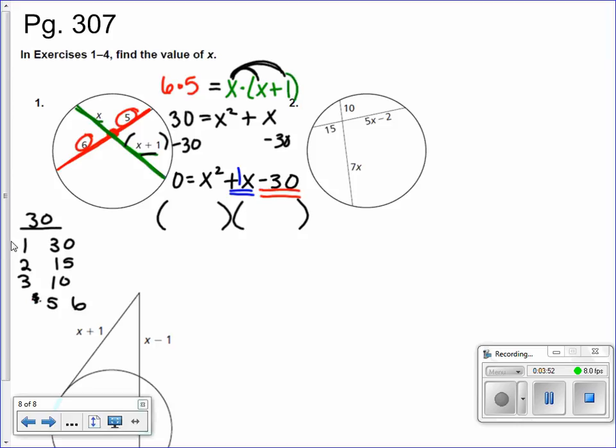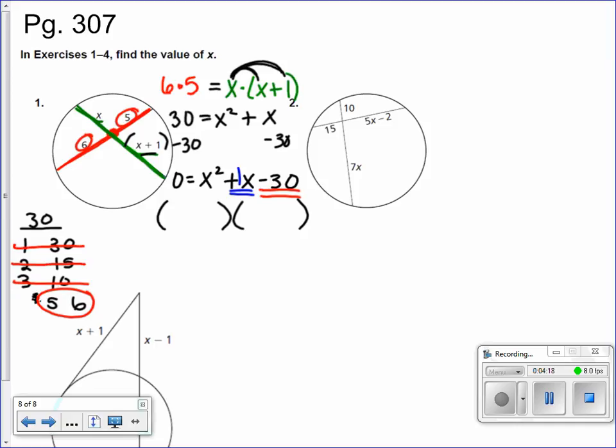So I have to think to myself, which 2 numbers can I combine and get a sum of 1? Is there a way to combine 1 and 30 and get a sum of 1? No, too big of a difference. 2 and 15? Nope. 3 and 10? Nope. 5 and 6. Can you combine 5 and 6 and somehow get 1?